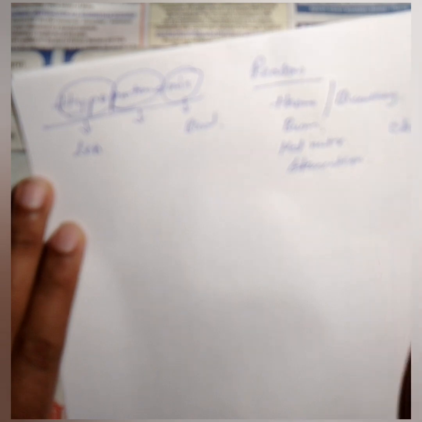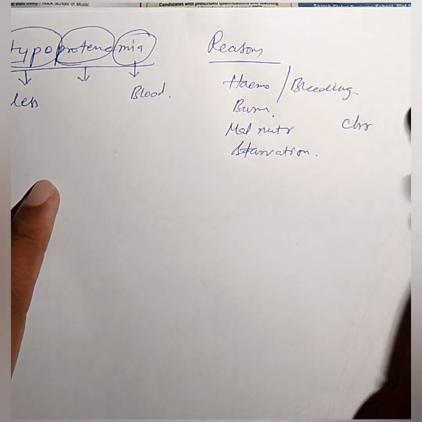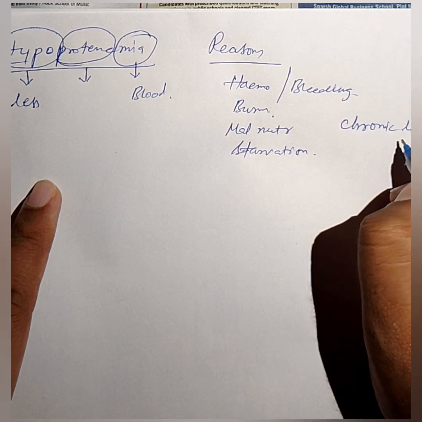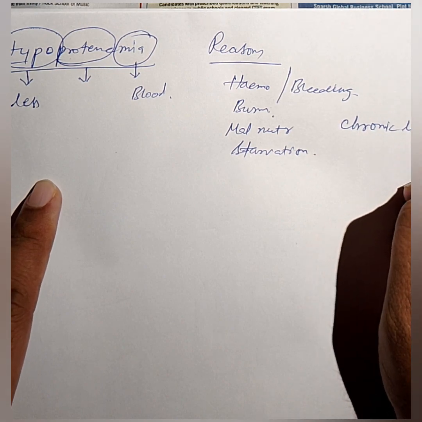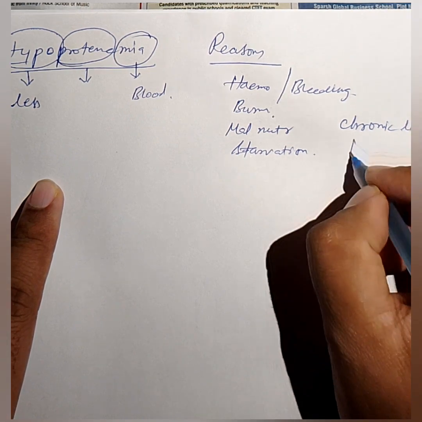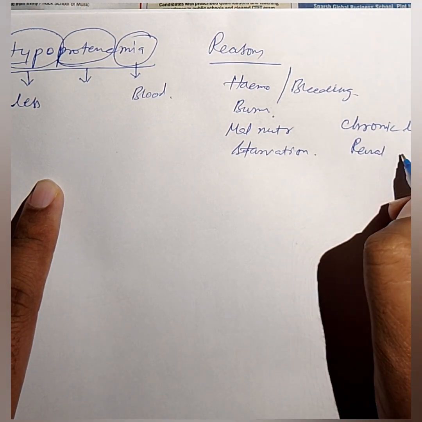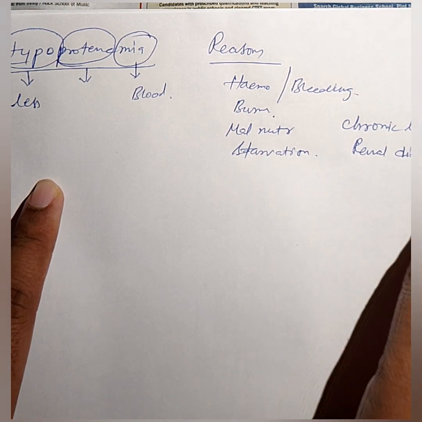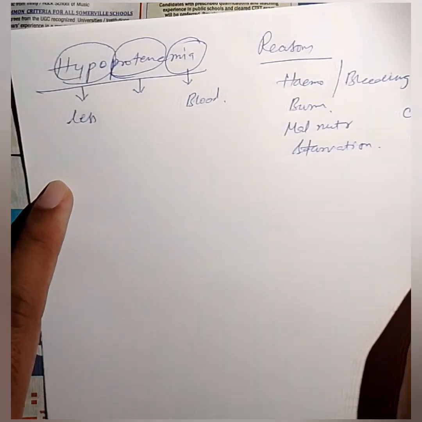And we can even see some disease conditions like chronic liver disease, where we can see hypoproteinemia. And even renal disease, that is kidney disease, may lead to hypoproteinemia.